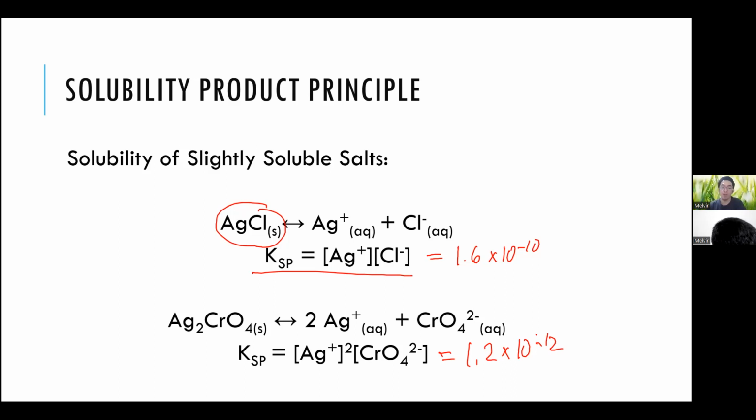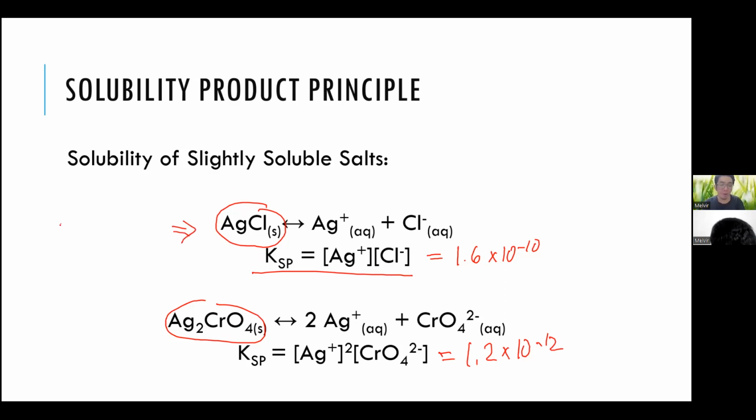Now, I have a question, Josh. Which one is more soluble in water, AgCl or Ag2CrO4, with respect to their Ksp? Which is more soluble in water? Technically, they're insoluble. Again, which one is more soluble in water? AgCl. Very good.